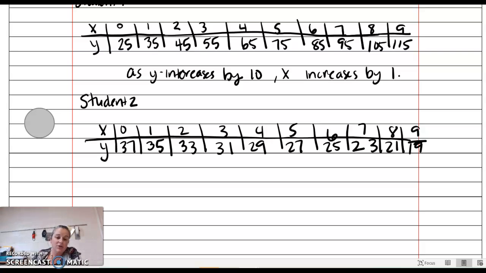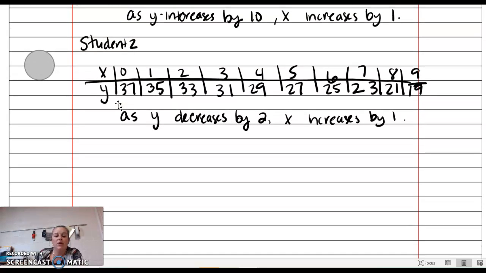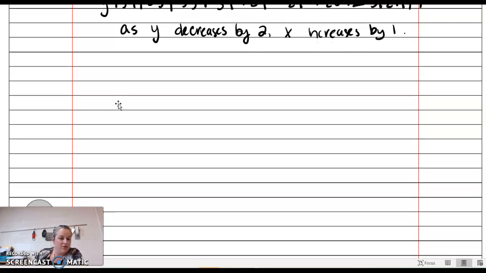Okay, so to describe this as y decreases by 2, x increases by 1. And we did talk about that we can have a constant decrease as long as it's consistent. We do have a linear relationship. So what we're then going to do is take a look at our graph for these two.